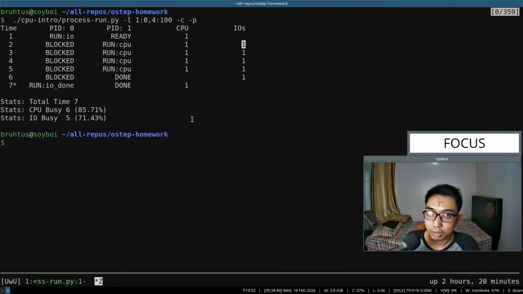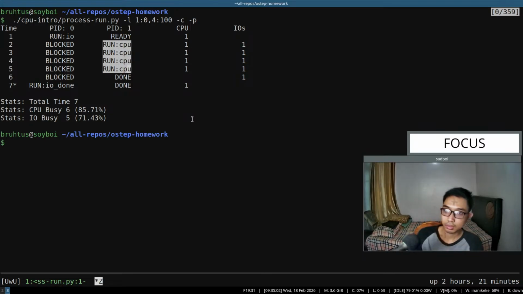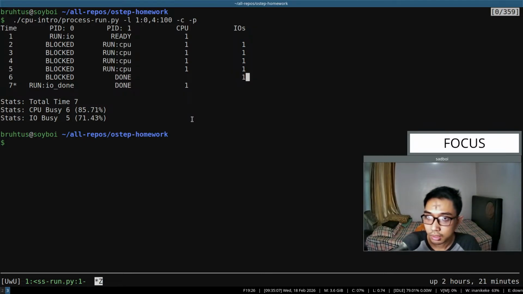Because by switching the order, while we wait for the input-output process to finish, we can switch the CPU to another process, and then when this is done, we can move back to the input-output process.